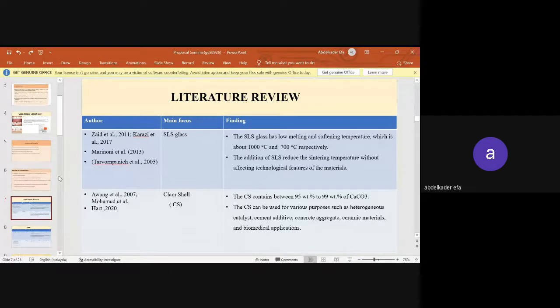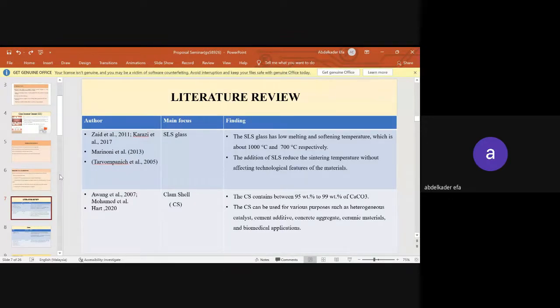The high melting point of pure silica can be reduced by adding sodium oxide, which acts as a network modifier in the glass system. Compared with pure silica, SLS glass has a low melting temperature of around 1,000 degrees Celsius.